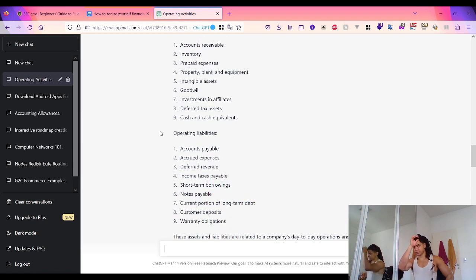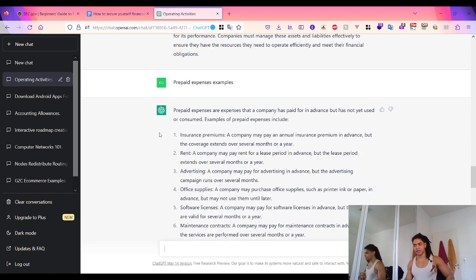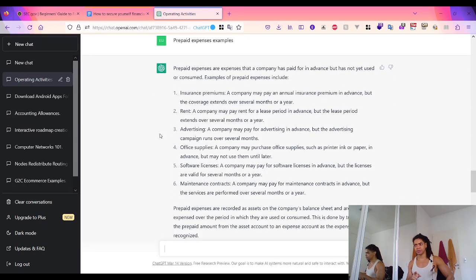So prepaid expenses like insurance premiums, rent, advertising. A company may pay for advertising in advance, but the advertising campaign runs over several months.